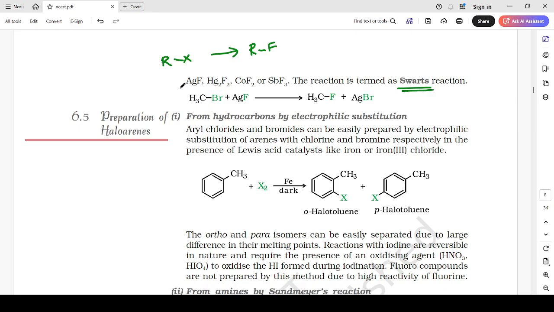Here, basically, we use salts of fluorine: AgF, Hg2F2, CoF2, SbF3. These things we must definitely remember. They will provide you an MCQ asking you to find out which one of them will give the Swarts reaction. So we need to remember what are the salts that will provide the Swarts reaction here.